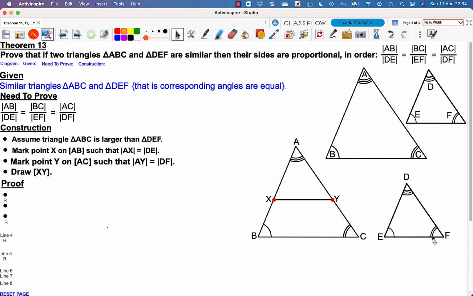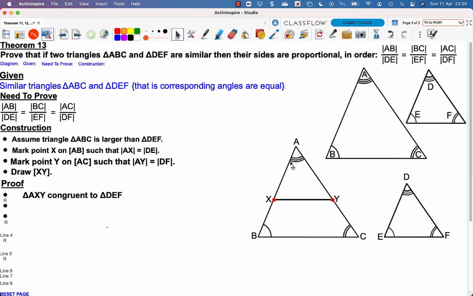Now we need to prove this. We need to prove that AXY is congruent to DEF. And this is how we're going to set about doing it. Now we need to argue why it is. Well, it's very simple. This side here is exactly the same length as DE, and that was done by construction.